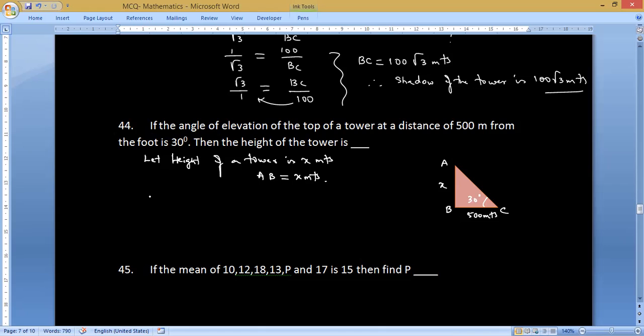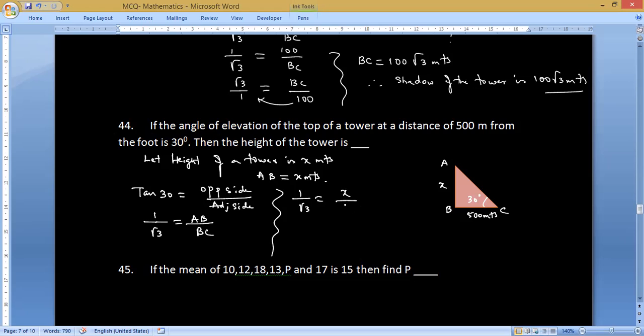Okay. So we'll take tan 30. Tan 30 is nothing but opposite side by adjacent side. So tan 30 is again 1 by root 3. Opposite side is AB. Adjacent side is BC. Then I'll substitute the value 1 by root 3. AB is x. BC is 500. We'll cross multiply.